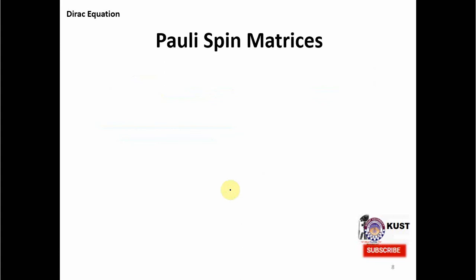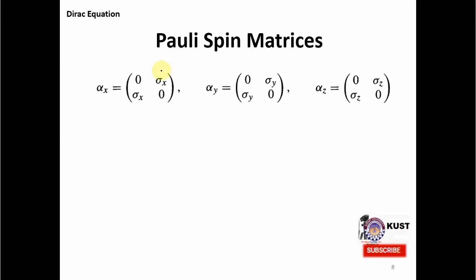The alphas are these matrices, made of the Pauli spin matrices. The sigmas are the Pauli matrices, very famous matrices introduced by Pauli: sigma x, sigma y, and sigma z.